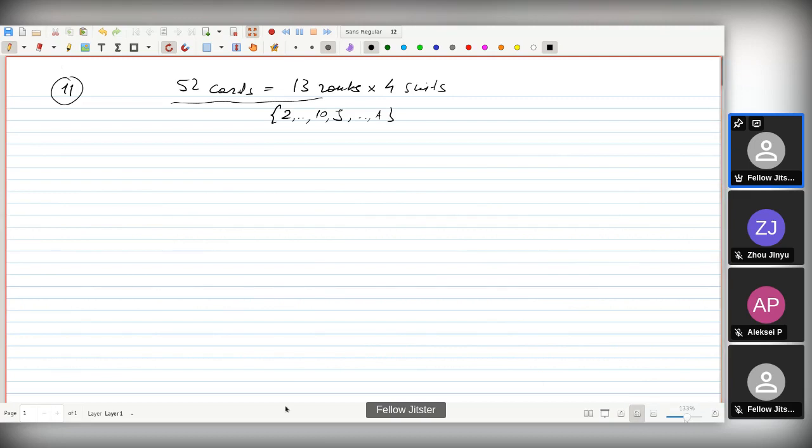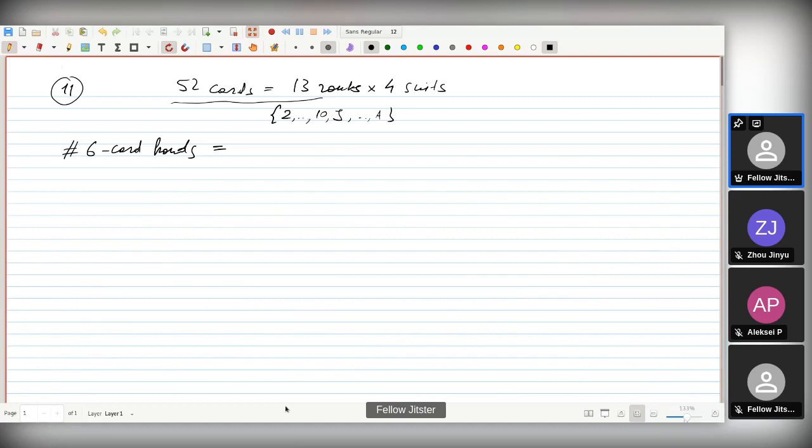Okay. So we are interested in 6 card hands. What is the overall number of 6 card hands? What is a 6 card hand?